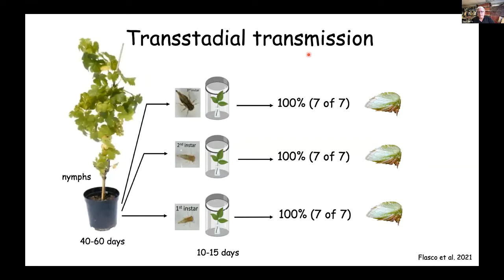Again, this has profound implications in terms of epidemiology, because these adults were never exposed to any virus-infected plant, okay? The instars they derived from were exposed, but not the adults.